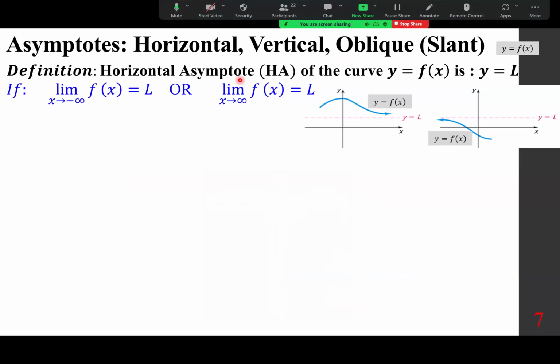Definition: a horizontal asymptote, HA for short, of the curve y equals f of x is y equals L if the limit of f of x as x approaches negative infinity is L, or the limit of f of x as x approaches infinity is L. As you can see in this graph, as x goes towards infinity, the graph seems to run along the line y equals L. On the other hand, in this case, as it's going towards negative infinity, it runs along the line, and therefore we have this one.